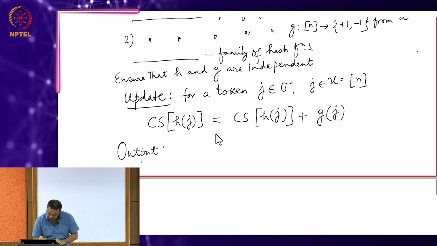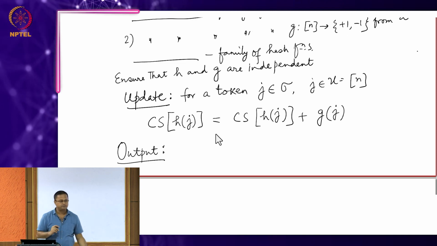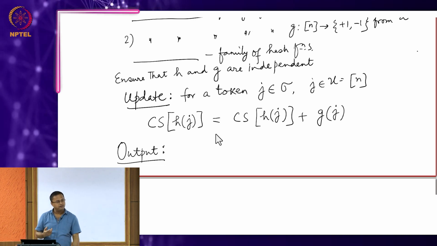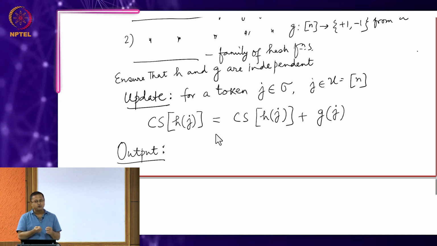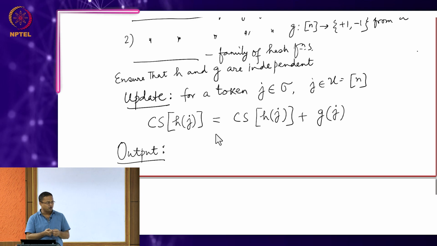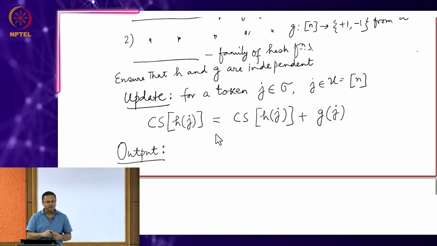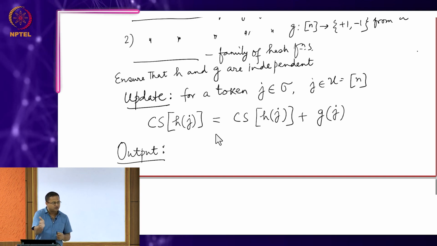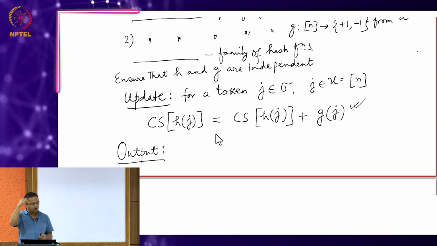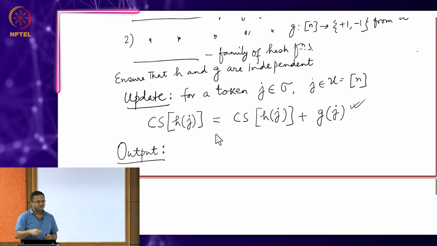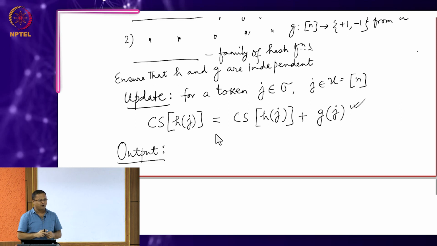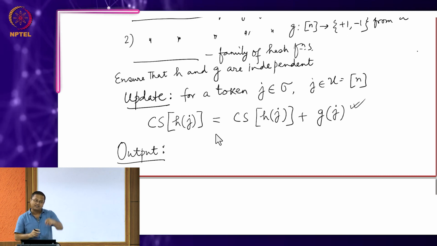Now, in the output I need to be a little bit cautious, because it might so happen that the quantity whose frequency I want to count has gone through a very precarious sequence of updates, such that this has always been minus 1, right. So, the output also cannot be whatever is there in the array.